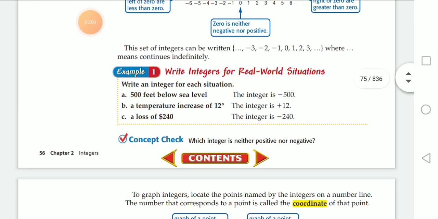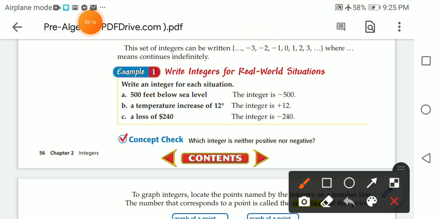Example 1: write integers from real world situations. Write an integer for each situation. 500 feet below sea level. Below sea level, what do you think? -500. So the integer here is -500. A temperature increase of 12 degrees.